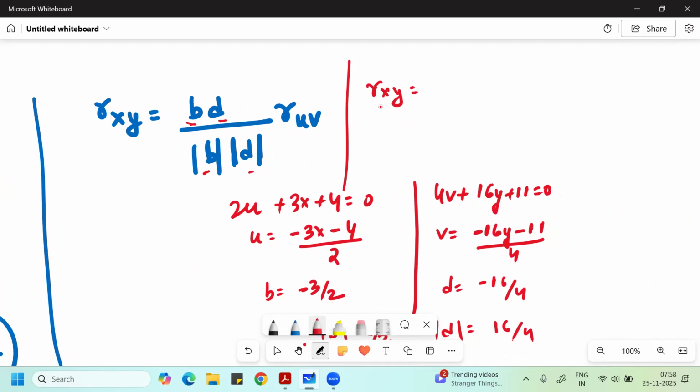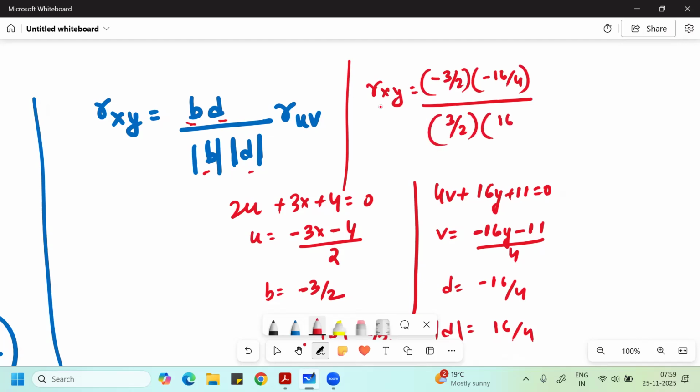But the only difference is that in the numerator you'll accept the sign, whatever the sign is. So the sign of b is minus 3 by 2, and the sign of d is minus 16 by 4. And in the denominator, modulus of b would be 3 by 2, and modulus of d would be 16 by 4.